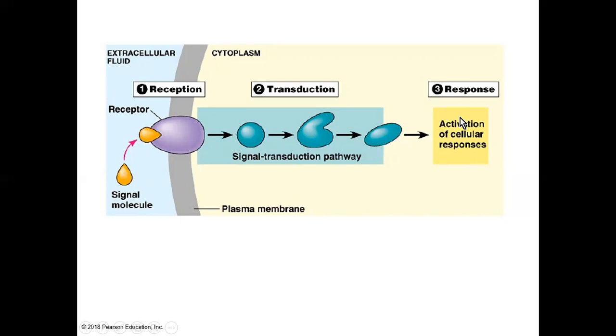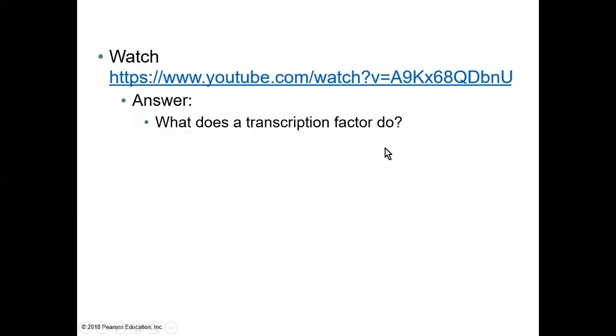Eventually it produces a cellular response of some kind. It's a lot like a chain of dominoes. If you push down the first one, then all the others just fall over until the end. And the cell that sends out the signal molecule is controlling the actions of the target cell. So watch this animation and find out what a transcription factor is and what it does.